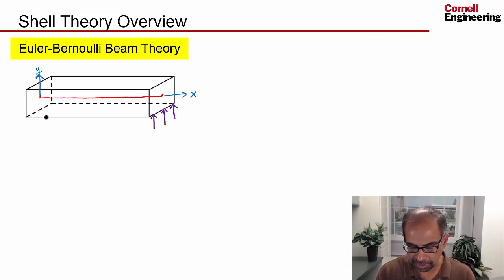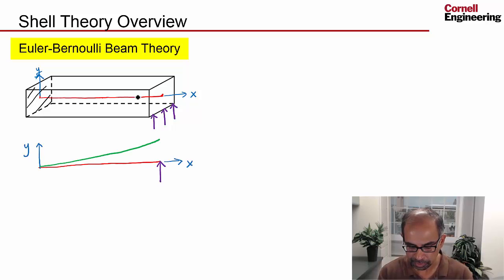If you looked at a simple cantilever beam like that, that you had a load over here and you fix it, say at this end, and to figure out how the beam is going to deform, you focus on the midline, which I've sketched in over here.